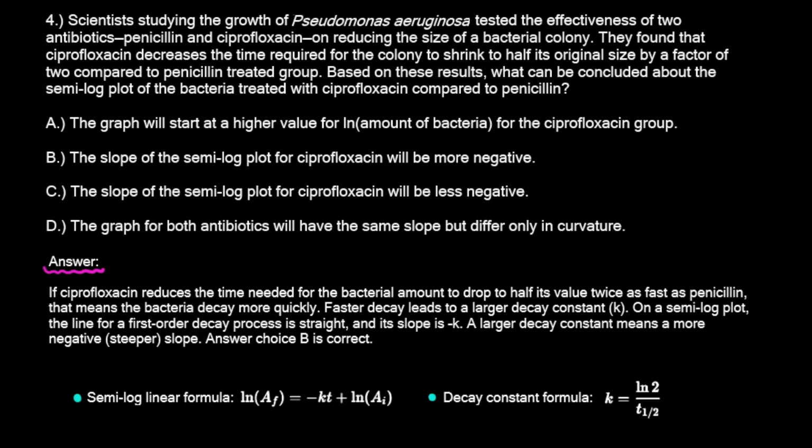If that time is reduced by a factor of 2, as the question states for ciprofloxacin, then k must increase by a factor of 2. Once k doubles, the slope of the semi-log line becomes twice as steep. A steeper slope means a more negative slope, which further means the graph drops downward faster. So this leads directly to the correct answer, answer choice B. The semi-log plot for ciprofloxacin will have a much steeper slope, or a more negative slope.